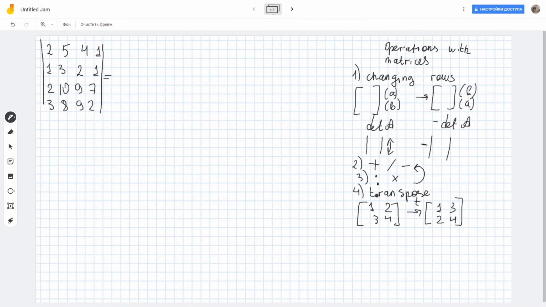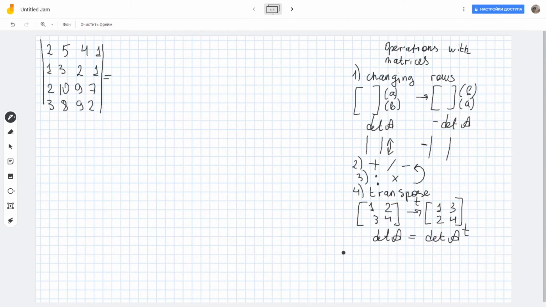So we take the column as a row. And speaking about determinant, it will be the same as determinant of the transposed matrix.